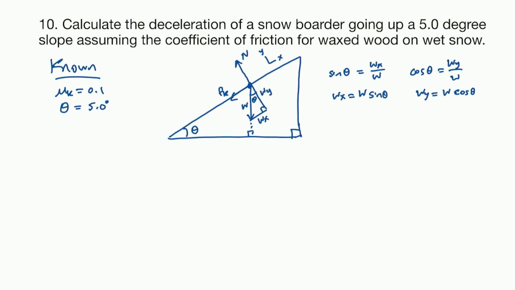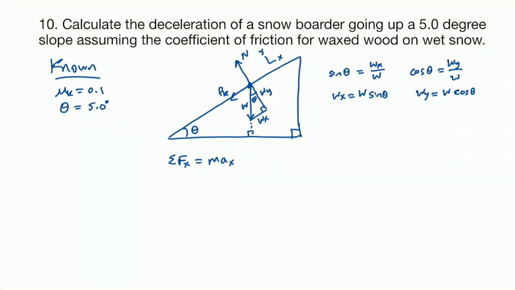Okay, so we have our components. Now we can apply Newton's second law. Summing the forces in the x direction will be equal to the mass of the snowboarder, which we don't have, times the x component of acceleration. Generally, in a problem like this, if we don't have something, we can either find it in a table or we don't need it.